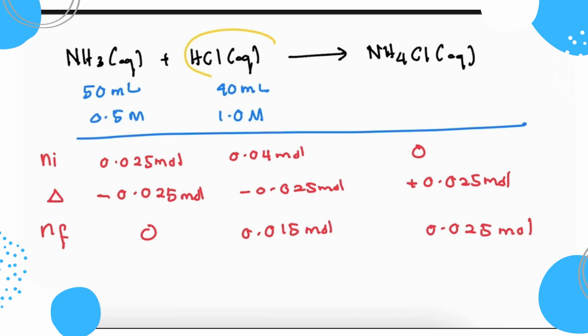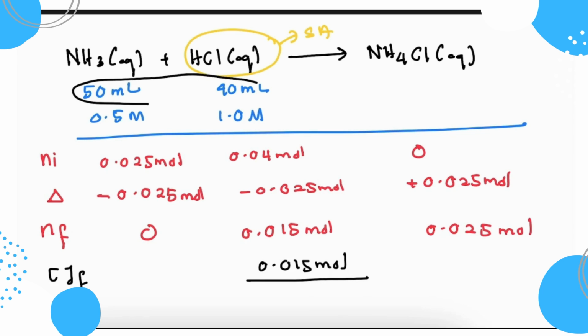Alright, so now finally we have hydrochloric acid, which is a strong acid. When we have a strong acid, we don't have to consider the salt produced. So now we can straight away calculate the final concentration of the acid: 0.015 mole divided by the total volume, which is 90 over 1000. Okay, 0.167 molar.